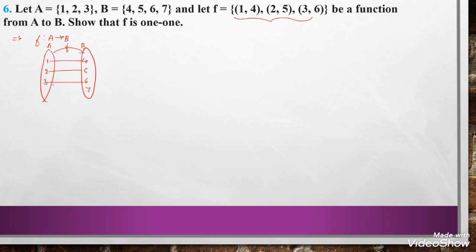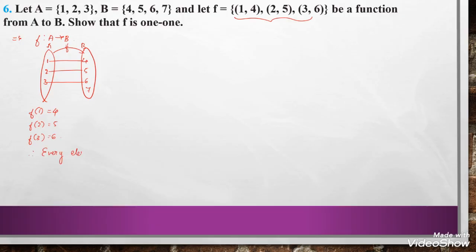While observing the ray diagram, every element of A has an image in B. That's why the one-one condition holds. That is, f of 1 is equal to 4, f of 2 is equal to 5, f of 3 is equal to 6.